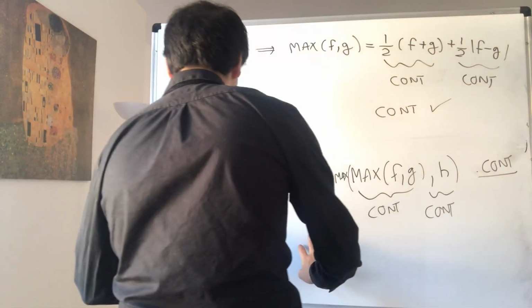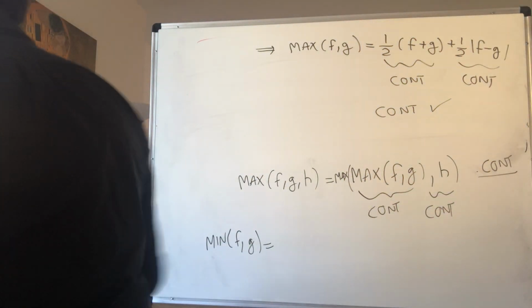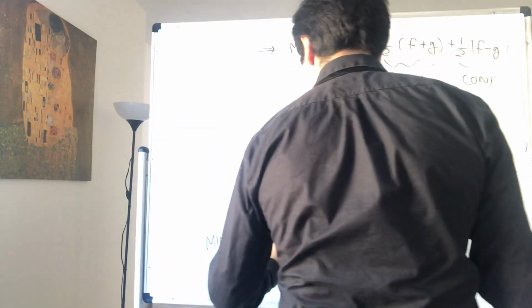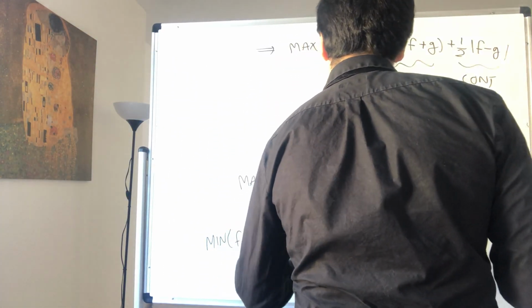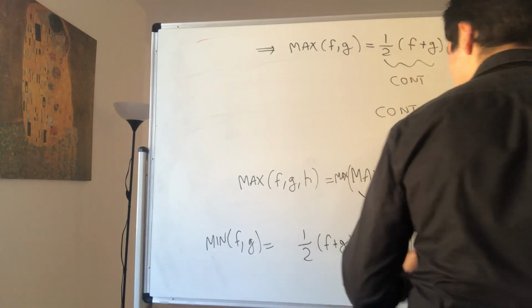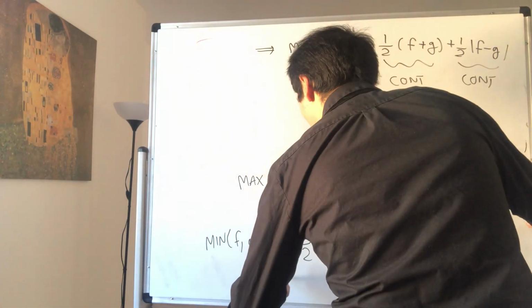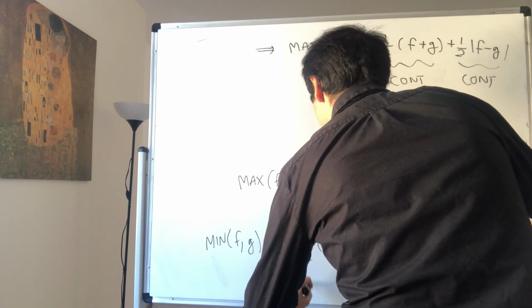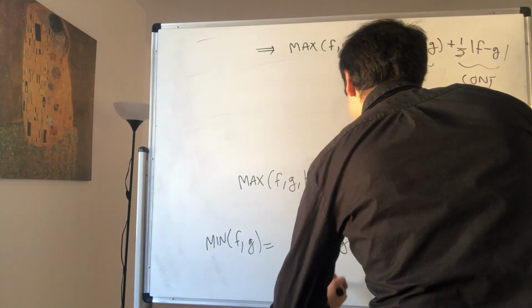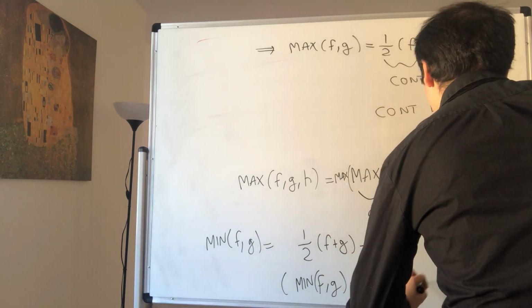And then, last but not least, what about the minimum? Turns out it's also continuous. And this you can just do both ways. Either you show that it's 1/2 of f plus g minus the absolute value of f minus g, again with a proof by cases, or you can also show that the minimum of f and g is the same thing as minus the maximum of minus f and minus g.